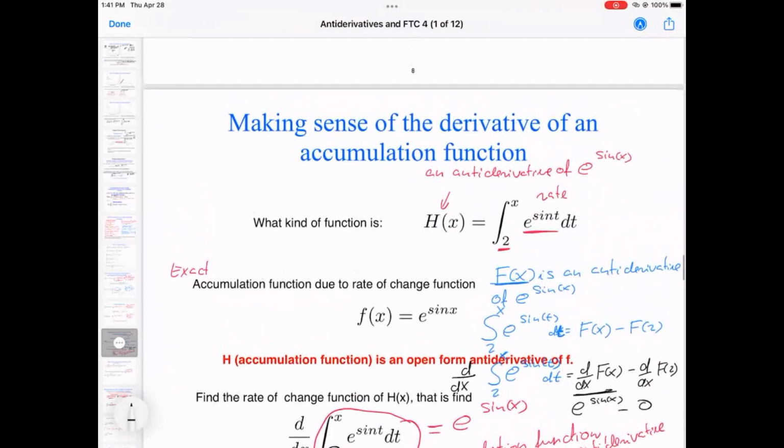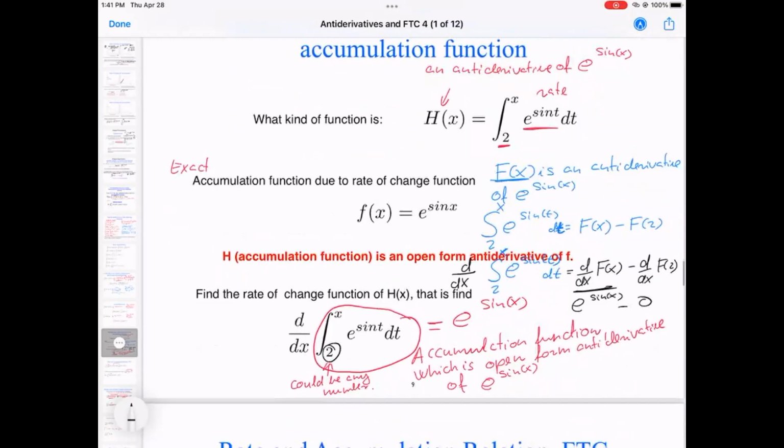So, making sense of the derivative of an accumulation function. The accumulation function is an antiderivative, right? So this is the rate function, the accumulated rate from 2 till x, right? Then you get the accumulated quantity, whose rate function is e to the sine x. So this is an antiderivative of e to the sine x.